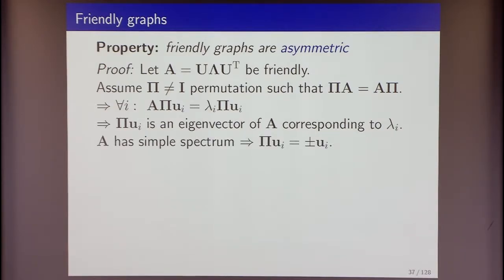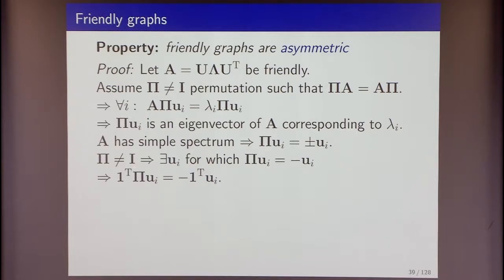Now, because A was assumed to have a simple spectrum, this means that pi u_i is equal either to plus or minus u_i, because I'm assuming, of course, that the vectors are unit. So they must be linearly dependent. But we also assumed that pi was a non-trivial symmetry. This means that there will be some eigenvector for which pi u_i equals minus u_i.